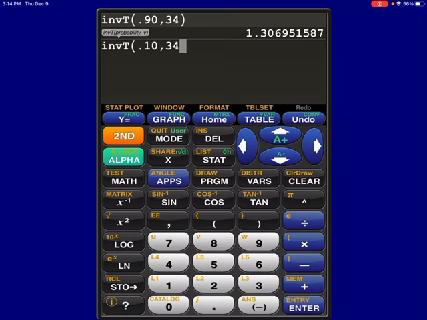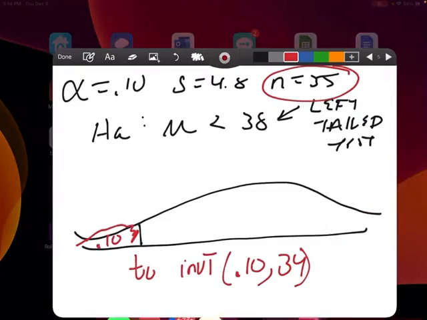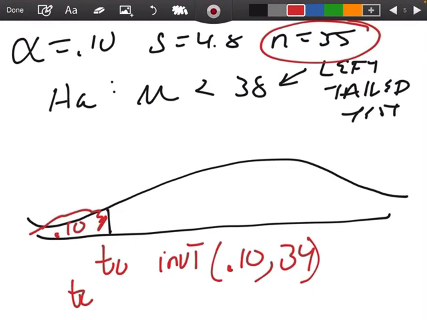So let's do the same thing we did before. Second vars, inverse t, 0.10, comma 34. And look at the number we're coming up with, negative 1.31, right? So right here, my T0 is a negative 1.31.